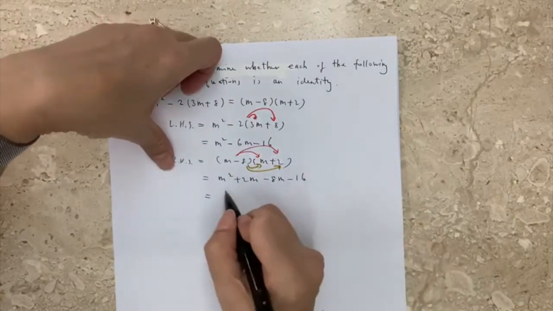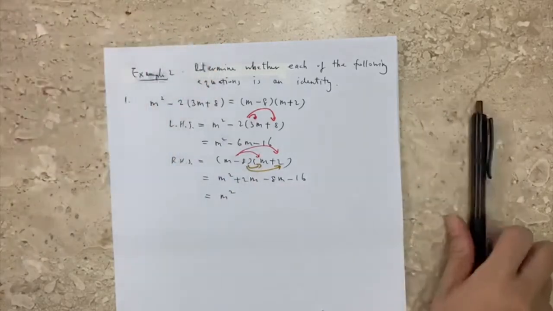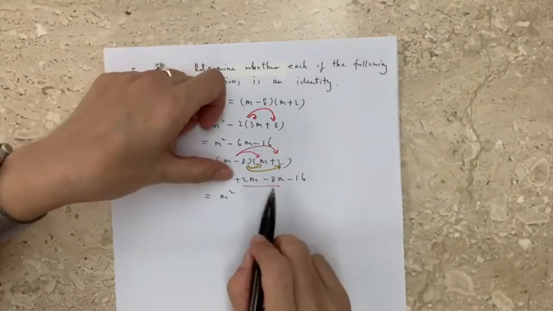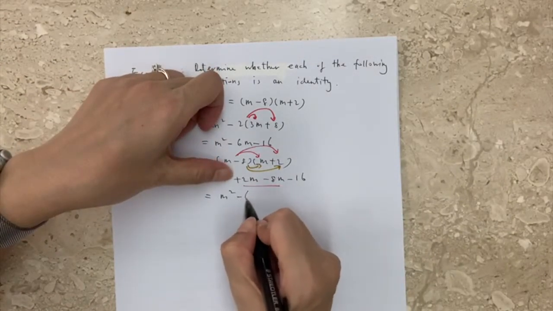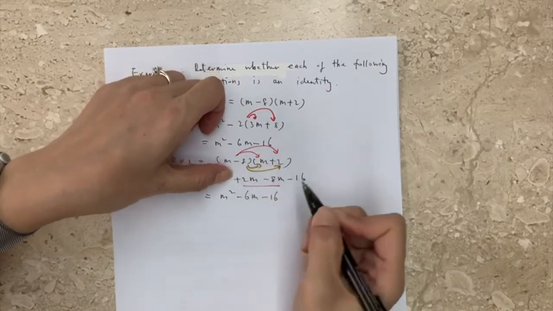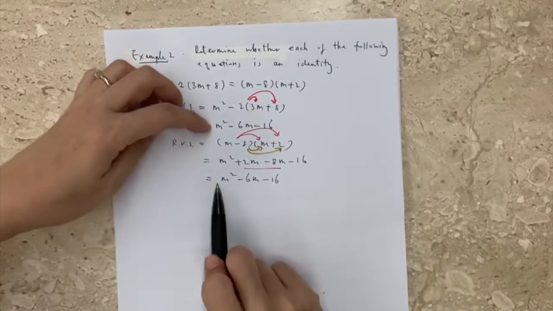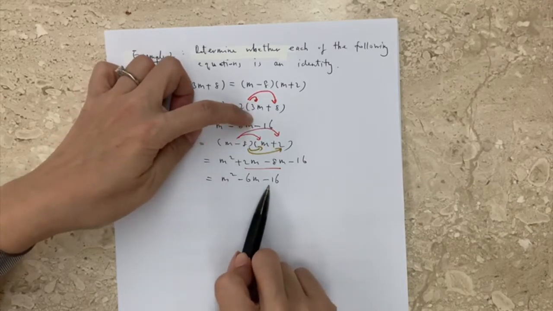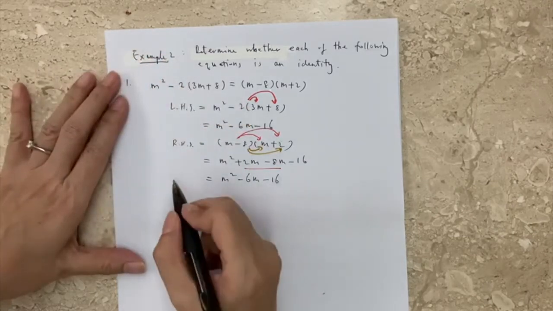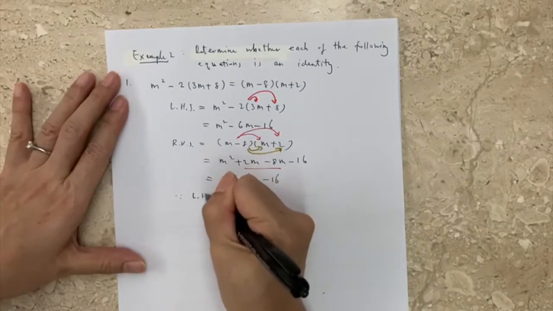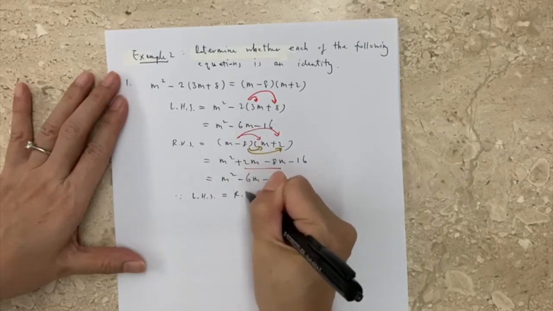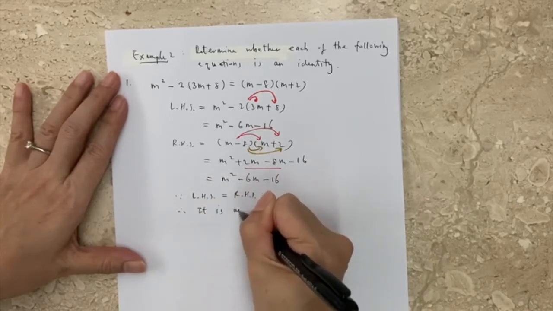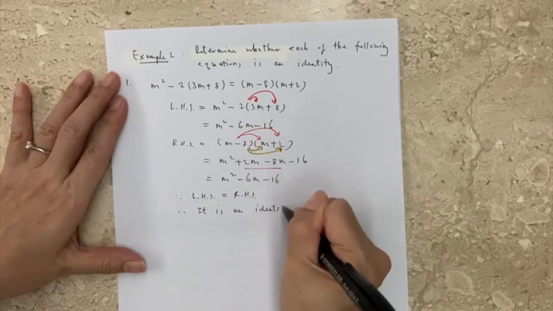Alright, so simplify m squared, what is this? Plus 2 minus 8, so we have minus 6m minus 16. See? Okay, so the coefficients are the same. Minus 6 is the coefficient of m, and the constant term is minus 16. So since left hand side is the same as right hand side, therefore it is an identity.